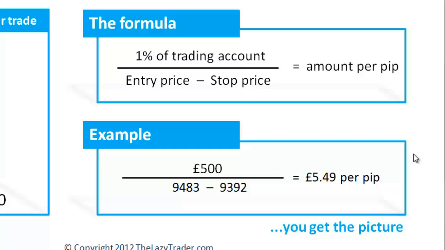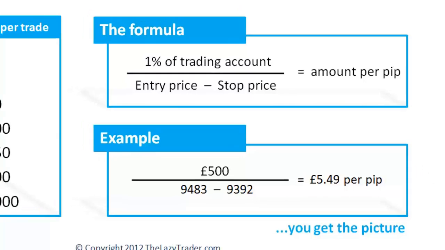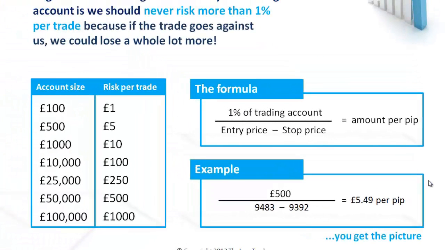And that figure gives us £5.49, and that's our stake size. We shouldn't be risking more than £5.49 per pip if we only wanted to stay within our 1% risk per trade parameters. Any more, that would be breaking those rules, and we do not want to be doing that so prematurely into our trading journey.